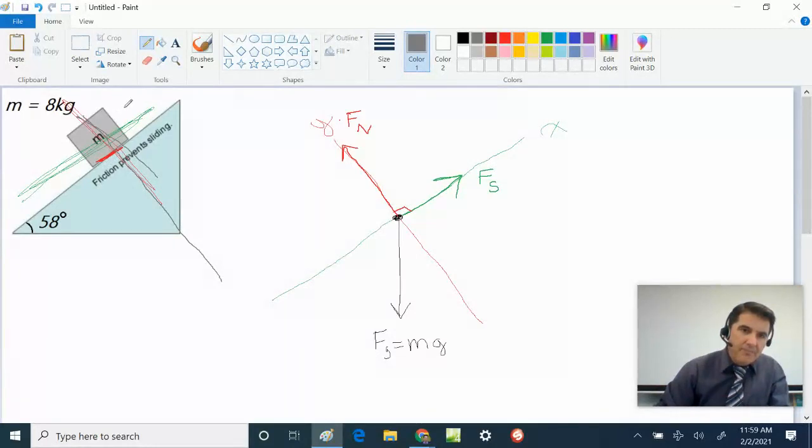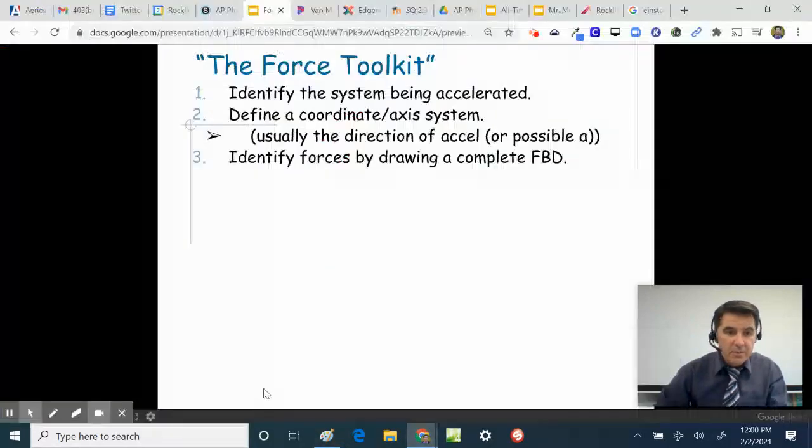If I put the gravity straight down like that, then that angle has to be 32 because this is a right angle. So the angle between that and gravity is 32 degrees. It's not really drawn to scale. This is steeper than this is. So that is a problem of some sorts.